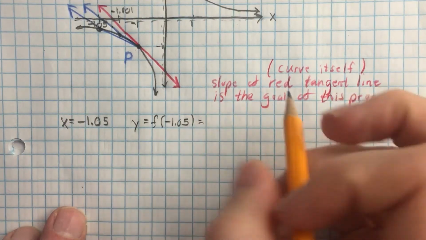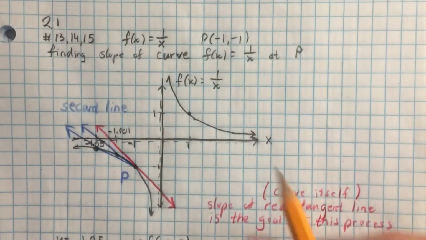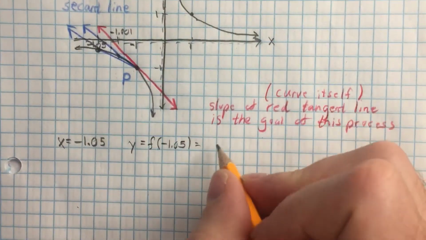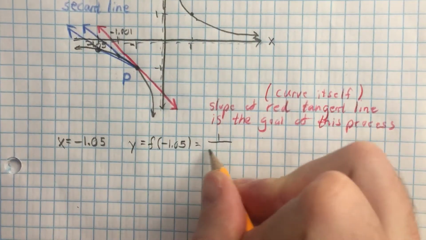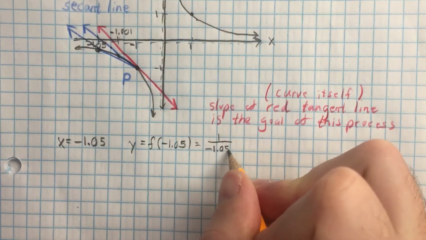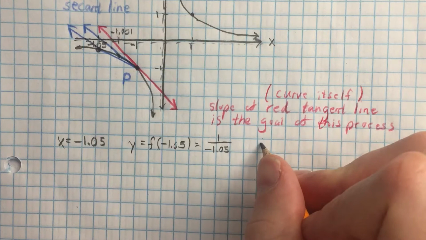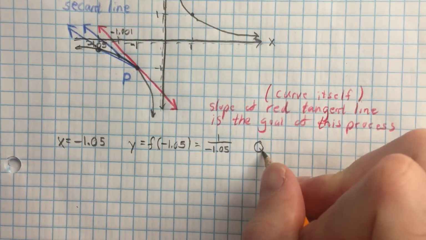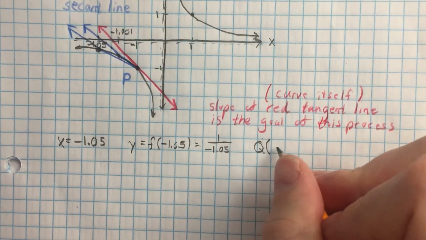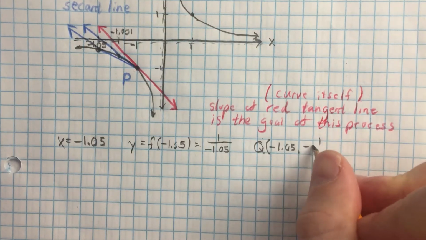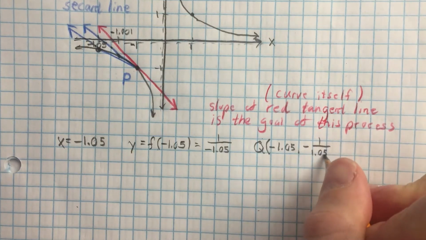And that's going to be, because our function is the reciprocal function 1 on x, 1 over negative 1.05. All right, so there's our function value. Q is these two put together, negative 1.05 and negative 1 over 1.05.